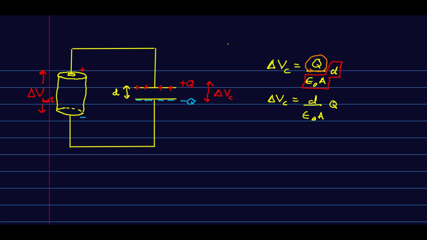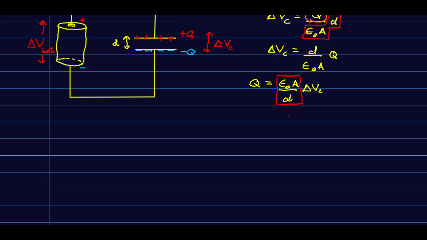And in fact, we usually flip that around, so we would write it Q is epsilon naught A over D delta V_C. And so all of this is a constant property of the capacitor. And since it's an unchanging property of the capacitor, we might as well just assign it a name. It's called the capacitance, C.